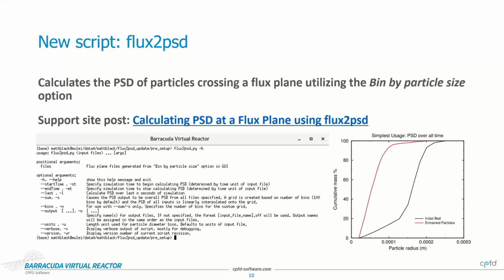It calculates the PSD of particles crossing flux planes, both internally and at boundary conditions, with the bin by particle size flux plane option. The support site post listed here shows examples of the script being used to calculate PSD at a flux plane over all simulation time, over a specified period of time, as well as calculating the cumulative PSD of all species at the flux plane.